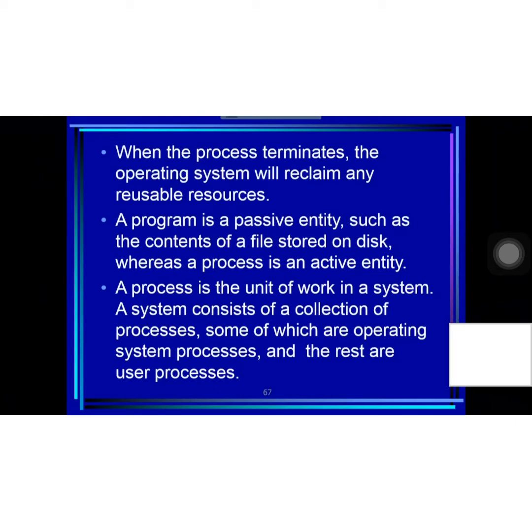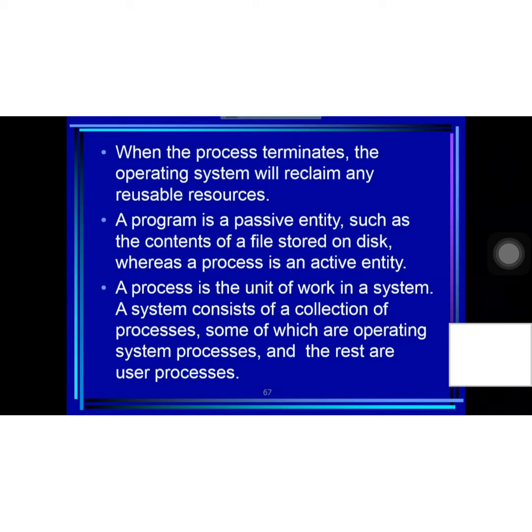We emphasize that a program by itself is not a process. A program is a passive entity, like the contents of a file stored on the disk, whereas a process is an active entity. A single-threaded process has one program counter specifying the next instruction to execute.